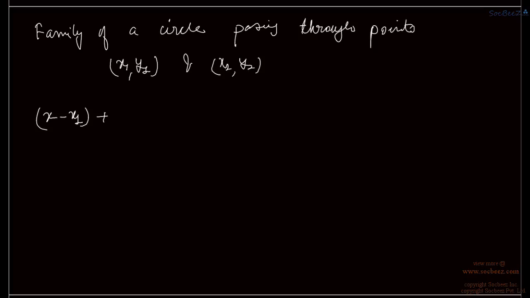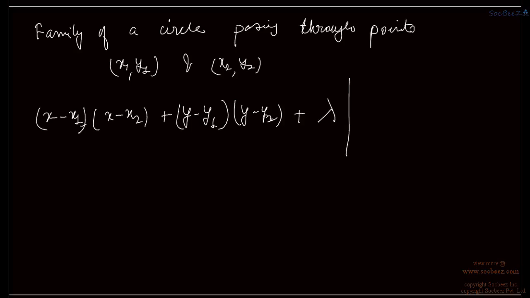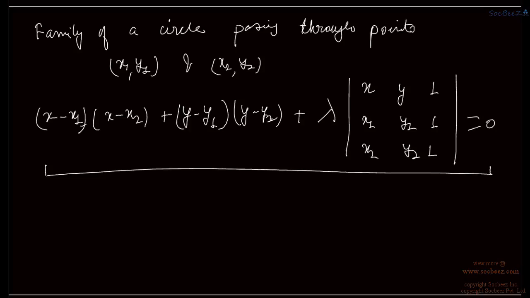The family is (x - x1)(x - x2) + (y - y1)(y - y2) + λ times the determinant with rows x, y, 1; x1, y1, 1; x2, y2, 1, equal to 0. This is also an equation of a circle, and this family passes through the points (x1, y1) and (x2, y2).